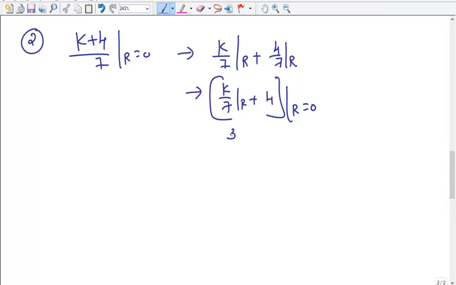So k by 7 remainder must be 3. Then only we can say that the whole remainder is 0. So the minimum value that k can take is 3, and k can take 10, 17, 24 and so on, whereas these numbers are of the format 3 plus 7x. So k is a number of the format 3 plus 7x.